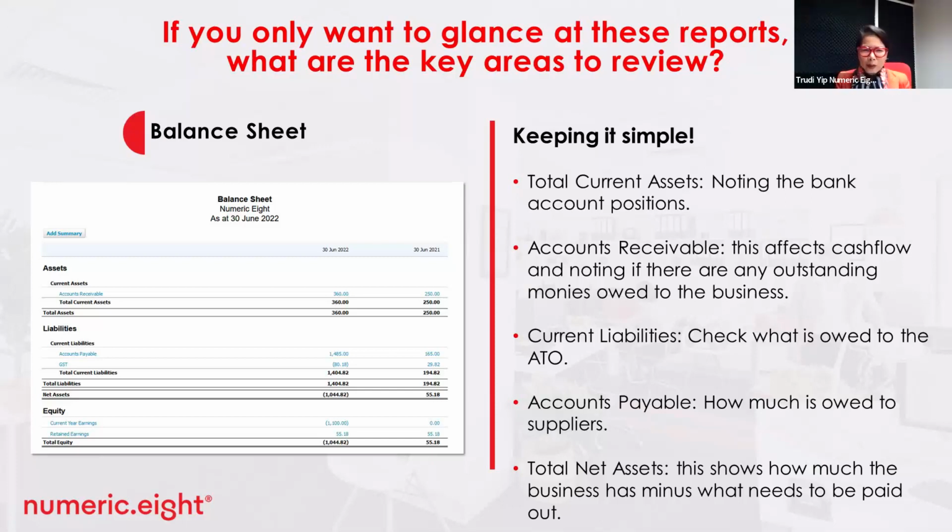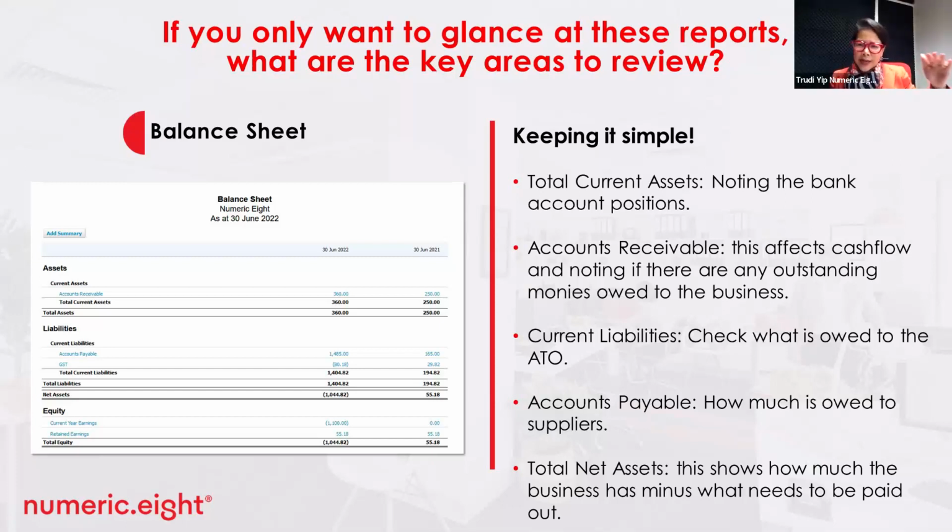Again, keeping this simple. Total current assets, noting the bank position. Hopefully, you've got 2 accounts: your trading account and your tax provision account. If you've got your tax provision account, where you've got current liabilities owed to the ATO, it should offset each other.